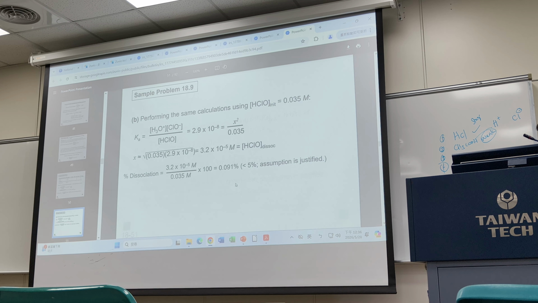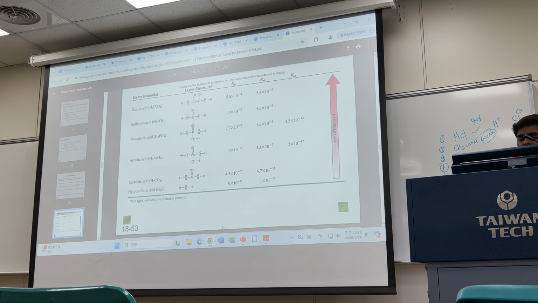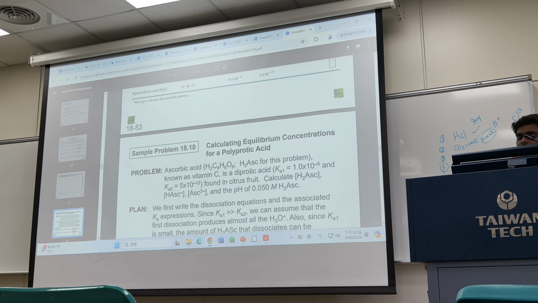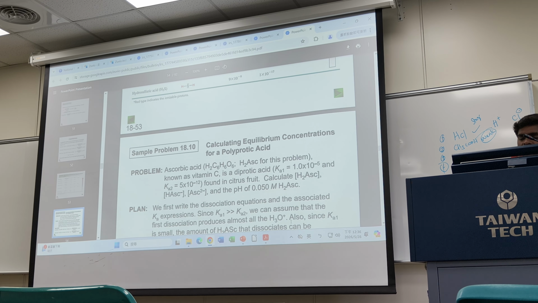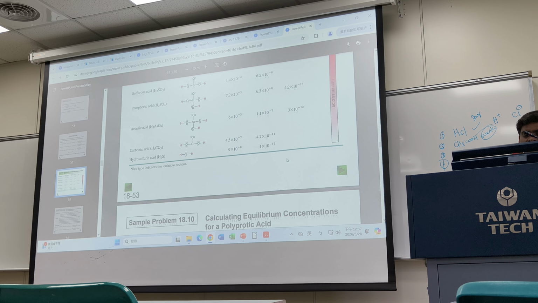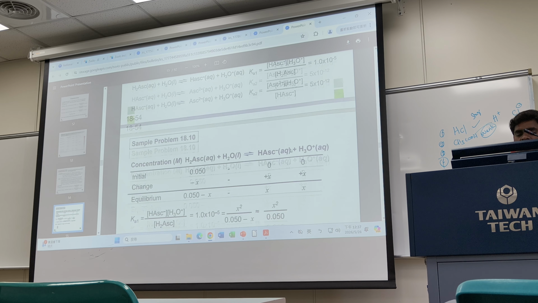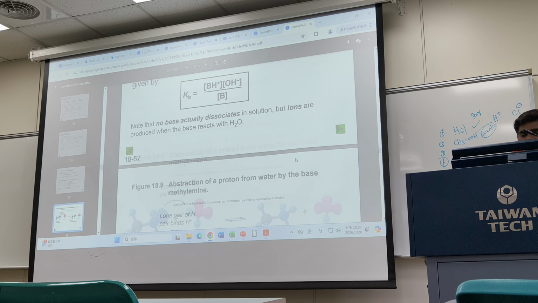Polyprotic acid. What is a polyprotic acid? What is an example? Maybe you can try to remember one of the calculations also, not from here, one of the calculations from the homework. Then this, okay.